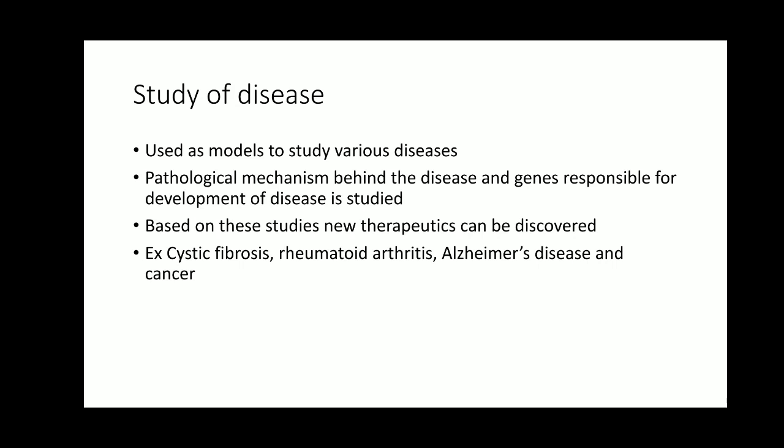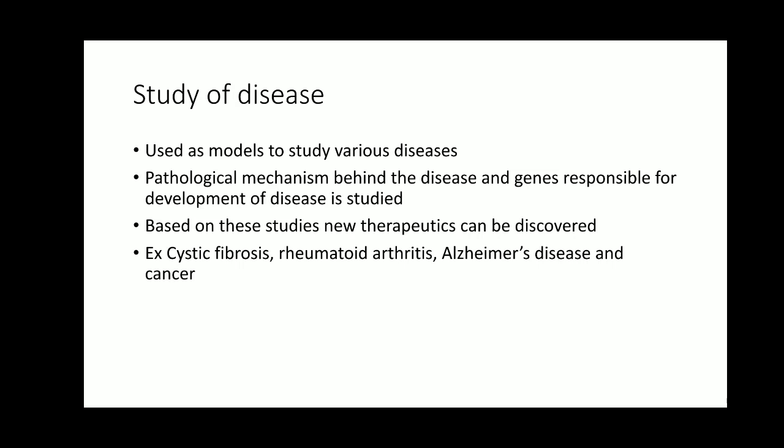So some of the diseases in humans, such as cancer, cystic fibrosis, rheumatoid arthritis and Alzheimer's disease, are studied in transgenic animals. They have tried to find out what the reason for the cause of these diseases is, what genes are responsible for causing them, and what the mechanism is.